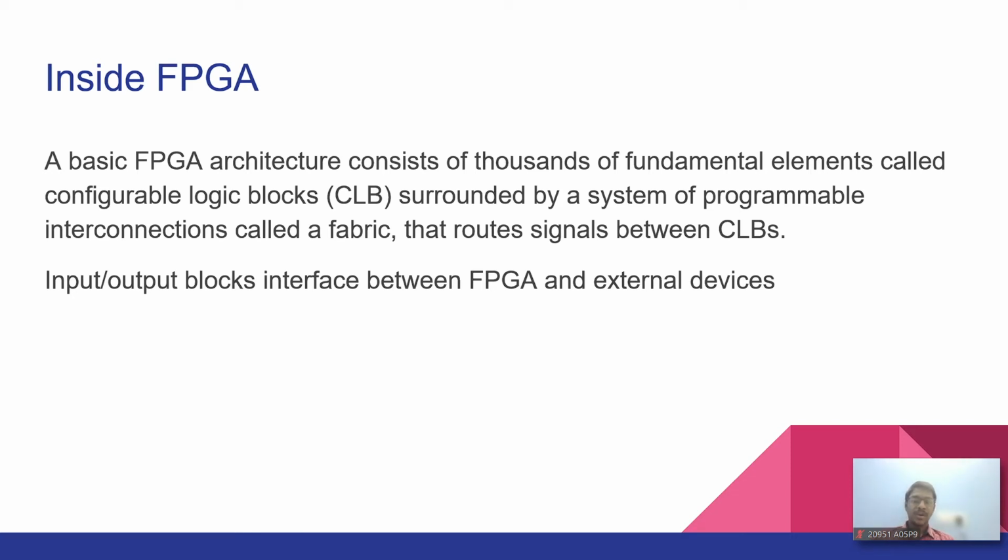Input-output blocks interface between the FPGA and external devices. These configurable logic blocks can be used by the user for whatever they want, and they are surrounded by a system of programmable interconnections.